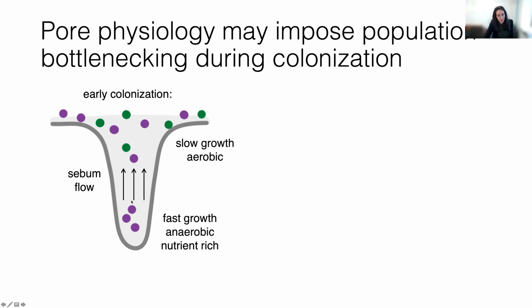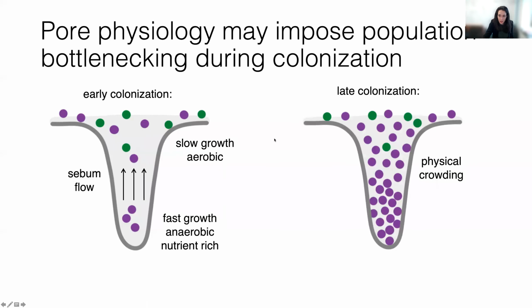So it's very rare for these bacteria to get to the bottom, and once they do, they grow quickly and outcompete and fill up the pore before the next bacterium can come in. That's the idea we have. I think there are other possible explanations, but what we can say for sure is that there's neutral bottlenecking at the level of individual pores, and this mechanism is one plausible mechanism.